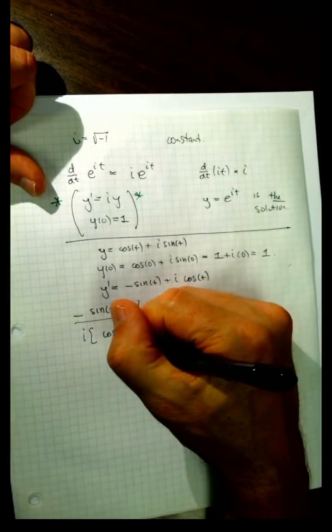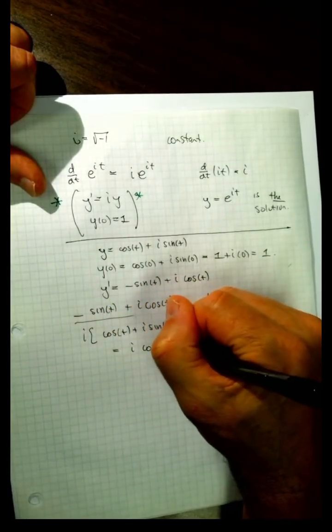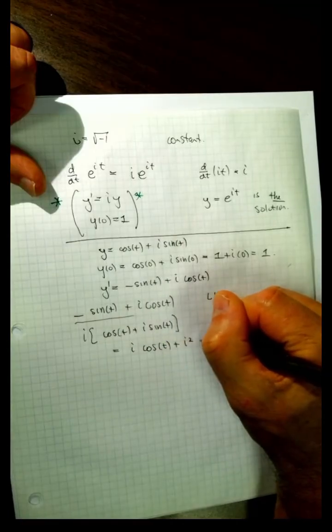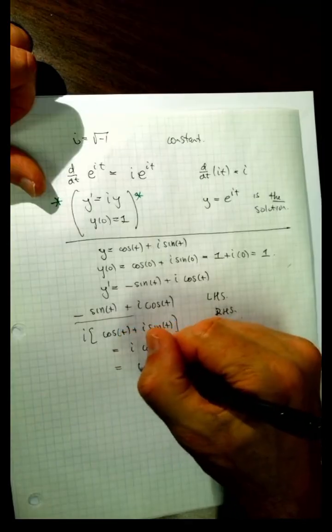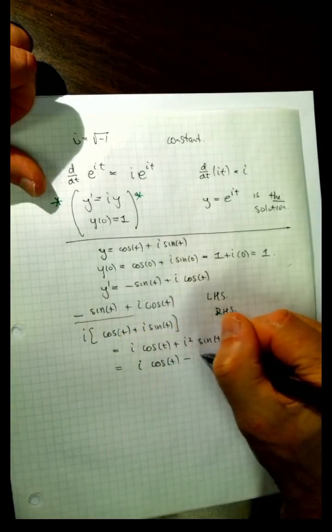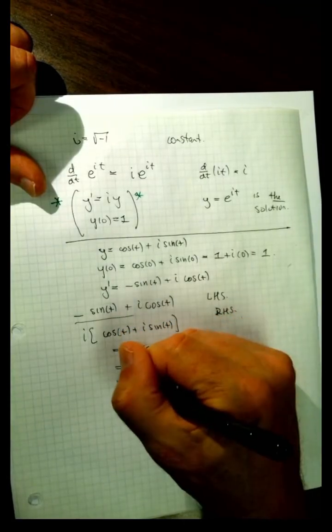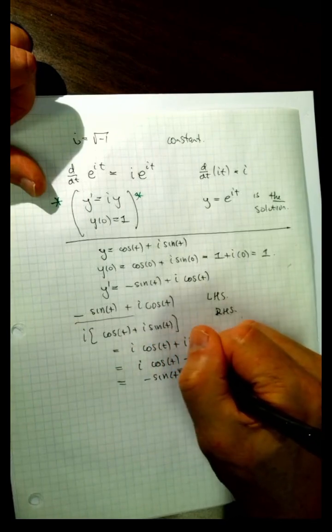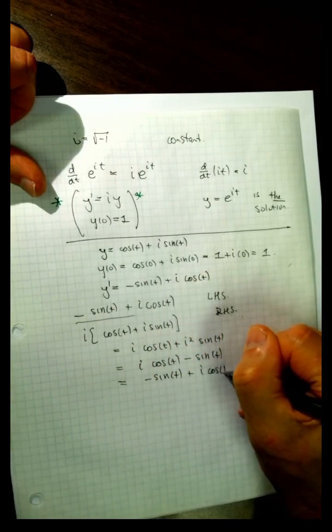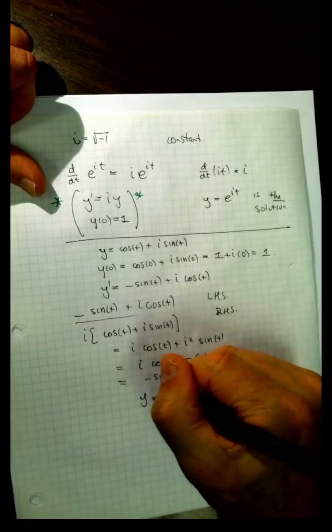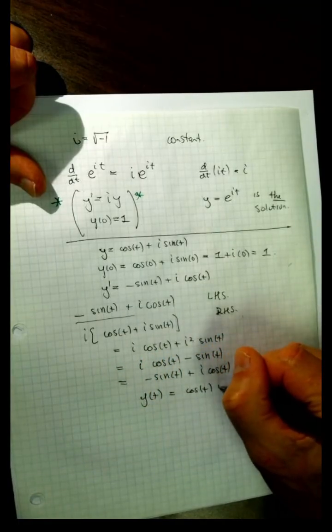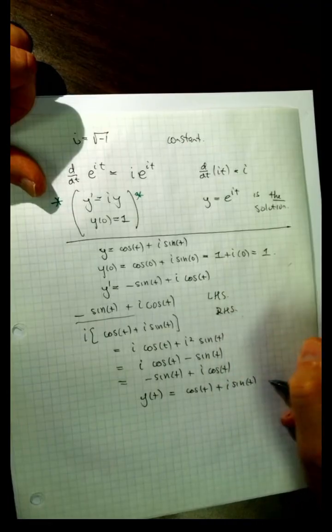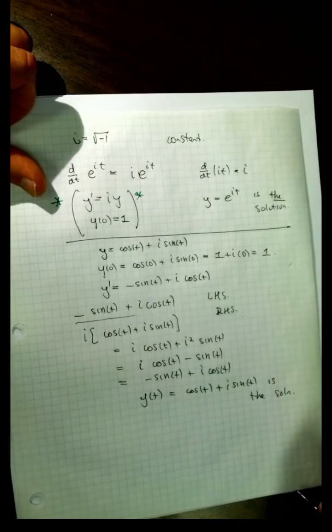If I distribute the i, I'm going to have i cosine t plus i squared sine of t. That's i times i, but i squared is minus 1. And that is exactly the same thing. So y of t equals cosine t plus i sine of t is also the solution to the differential equation.